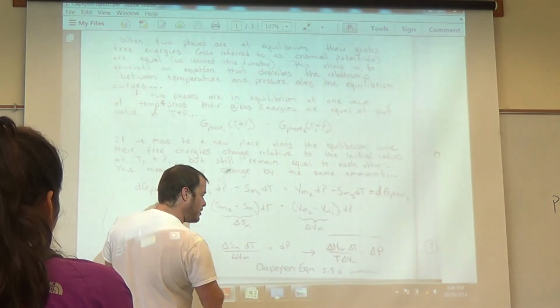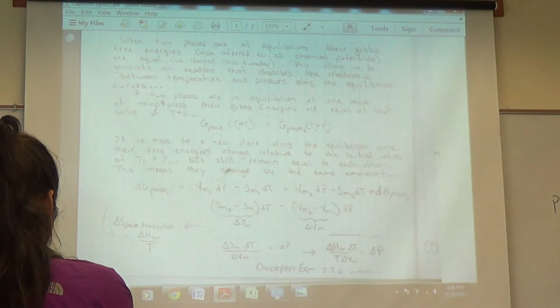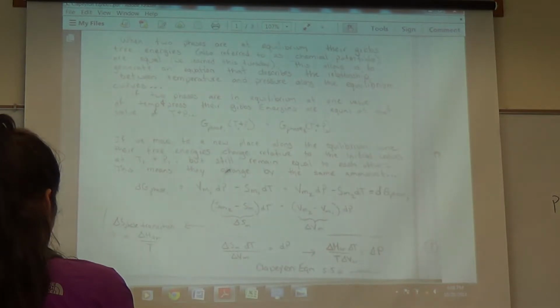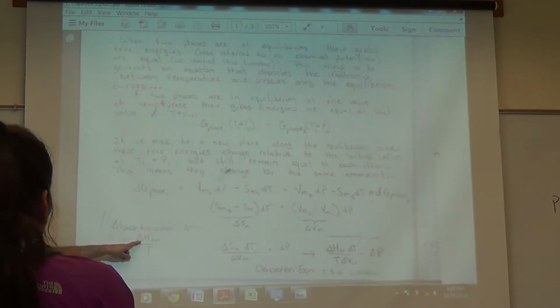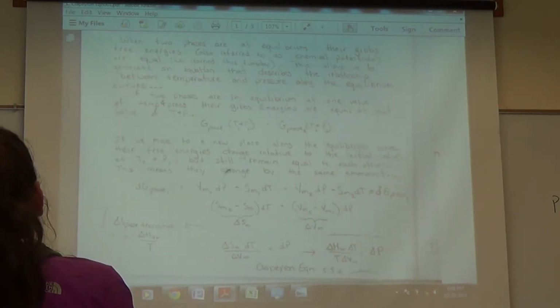If you remember what we talked about last week, we were talking about the delta S of phase transitions. We said that delta S of any transition, because these phase transitions happen at constant temperature, is just going to be delta H of the transition over T. Do you remember that? Does that make sense to you?